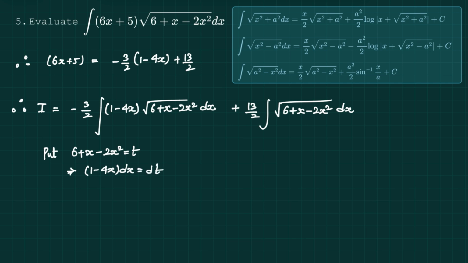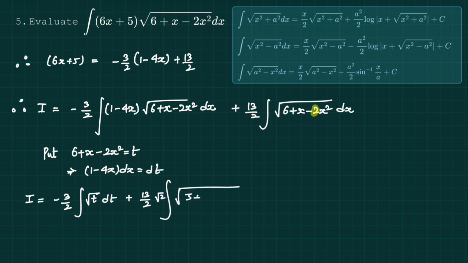And for the second part of this integral, we will make them perfect squares. So I equals minus 3 by 2 integration of root t dt plus 13 by 2 integration of, but first here if you notice the coefficient of x square is 2 and not 1, so we will take out square root of 2 outside, then we will have square root of (3 plus 1 by 2 x minus x square) dx.